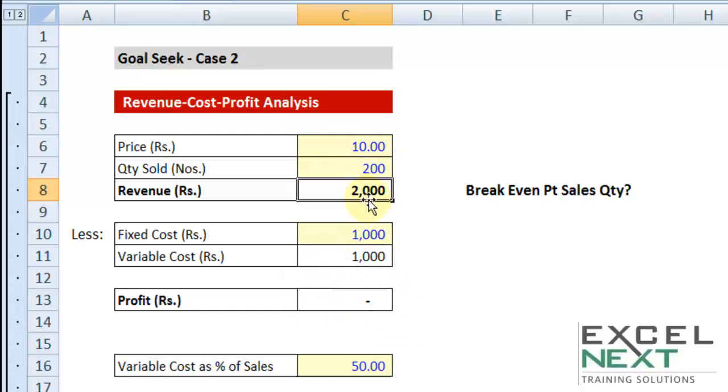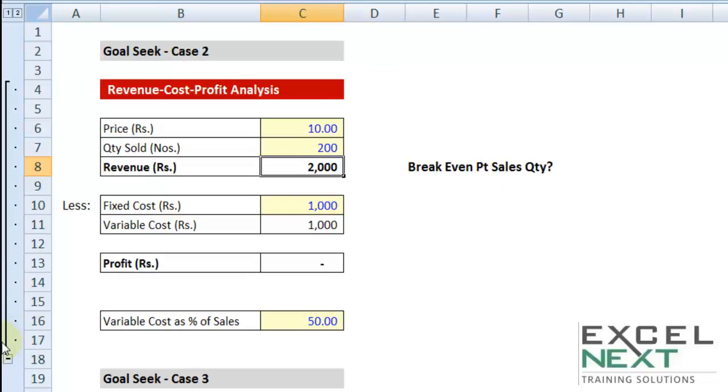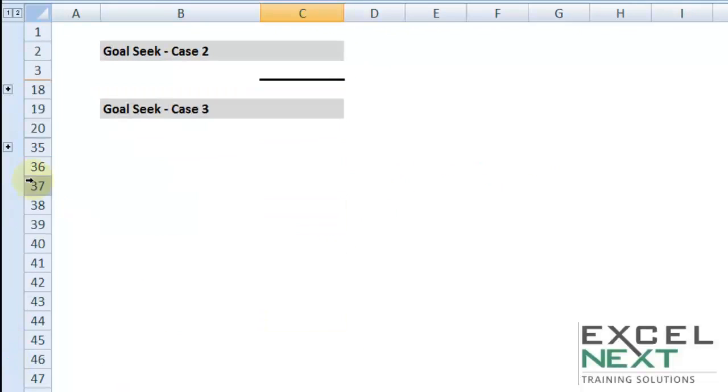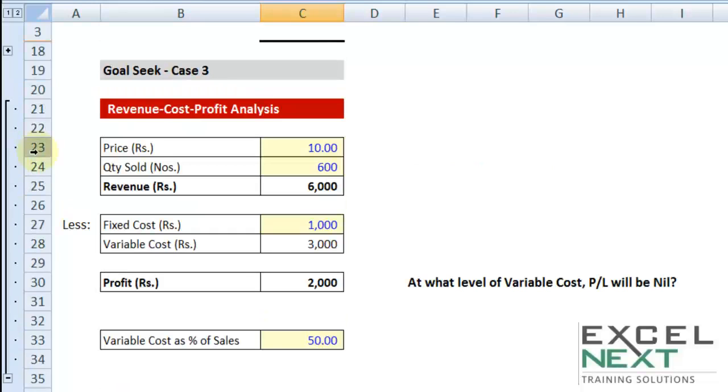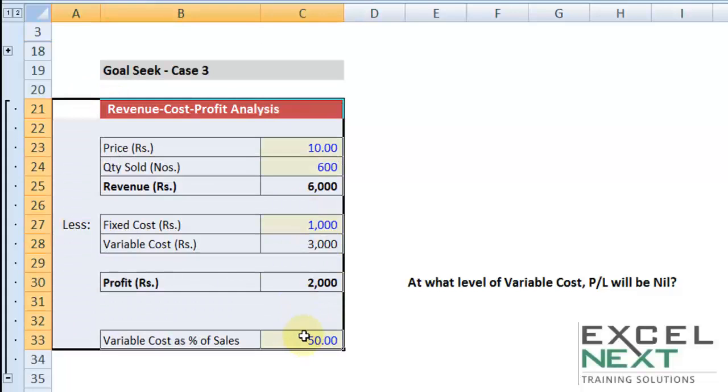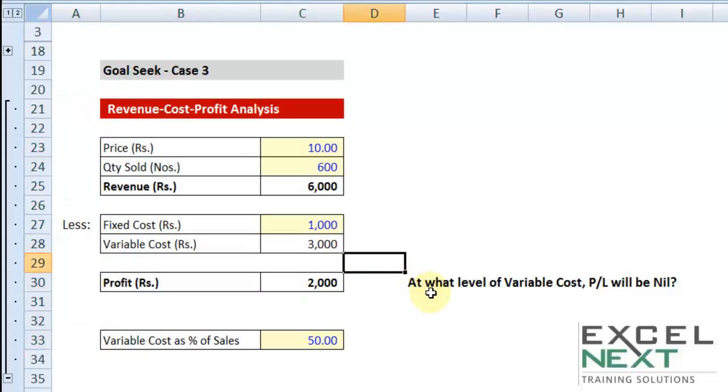So it is very effective in finding the target value if you have the flexibility to change one of the input values. Let me hide this case 2 because I'll now be talking about case 3, which is based on the same data model, but the question differs. In this current business scenario, variable cost as a percentage of sale is 50%.